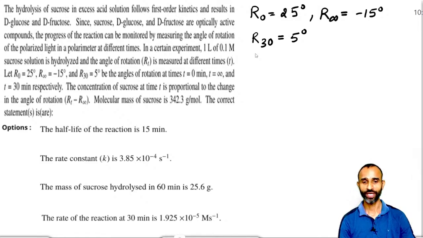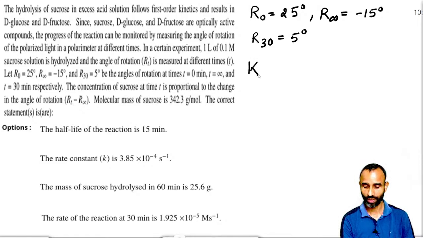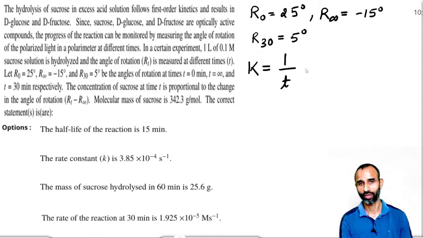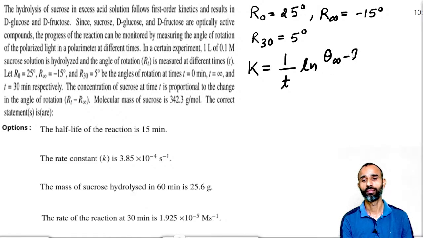I will give you a hint. First of all, calculate K. Calculate K, we have this formula: 1 upon t natural log of theta infinity minus theta naught divided by theta infinity minus theta t.